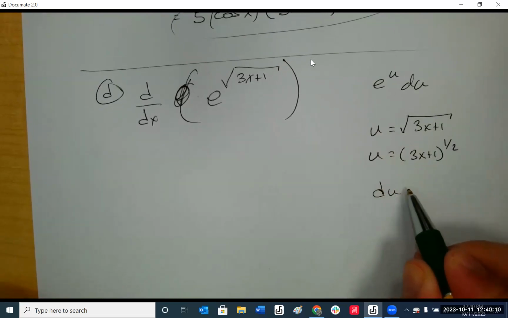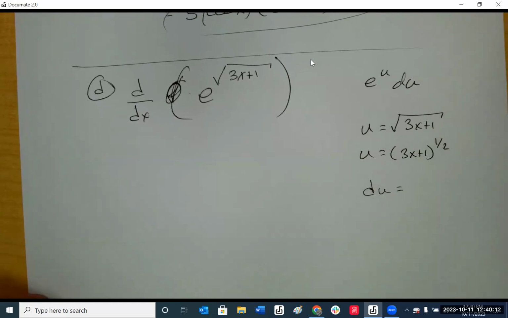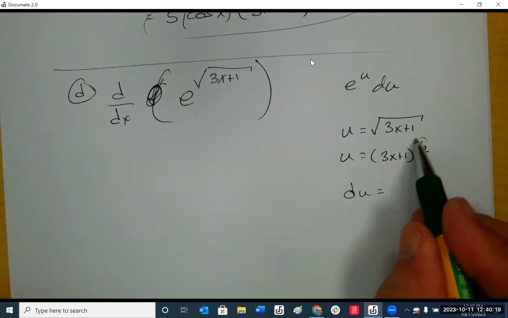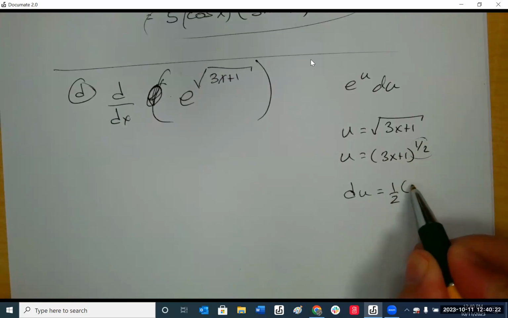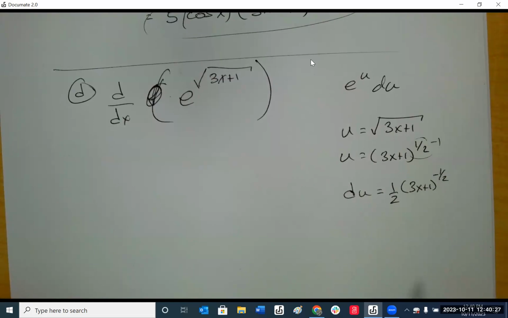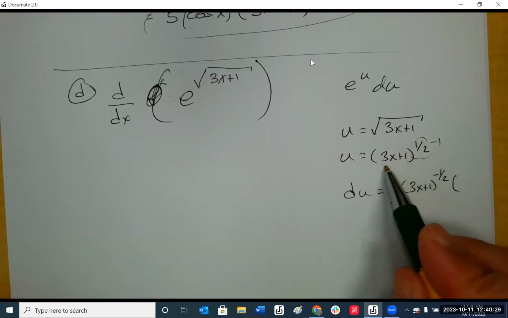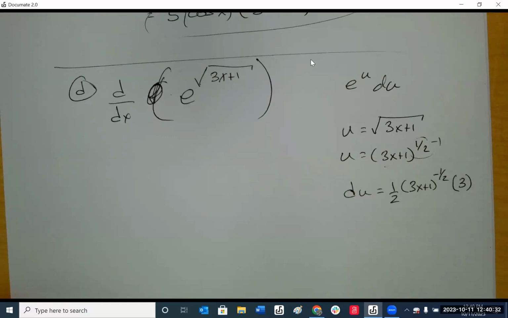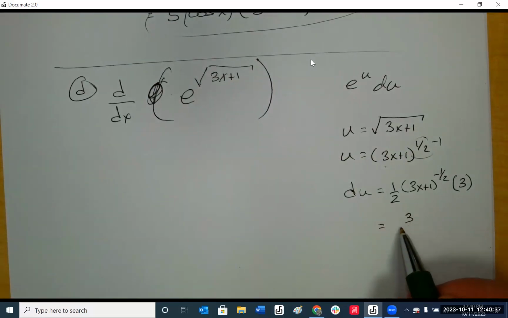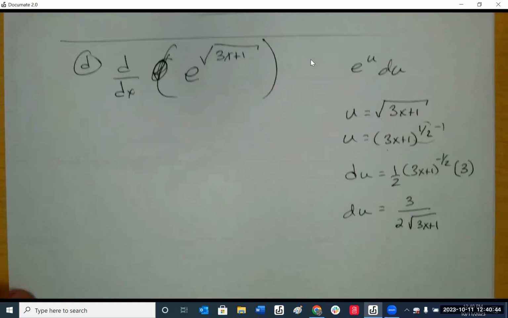Now our du is going to be: the power comes down, 1/2, subtract 1, which is negative 1/2, times the derivative of the inside, which is 3. So my du is that.